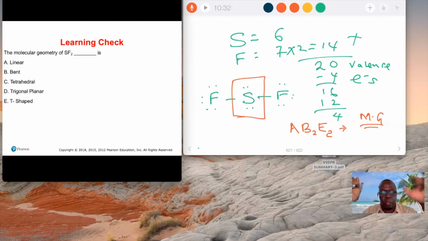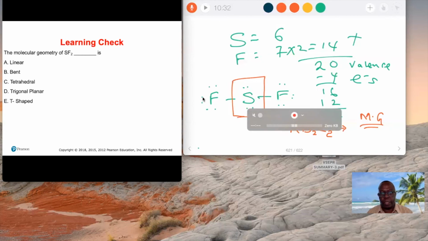But the way it was, when I satisfied the octet rule on the external atoms and put the remaining on the central atom, and then do the maths and see that each atom satisfied the octet rule, then I don't need to make a double bond. So from here, if you look at fluorine, 1, 2, 3, 4, 8 electrons. If you look at sulfur, which is the central atom, 1, 2, 3, 4. So I know I don't need to make a double bond. There is no need to make a double bond where it shouldn't be. That is one way of looking at it.